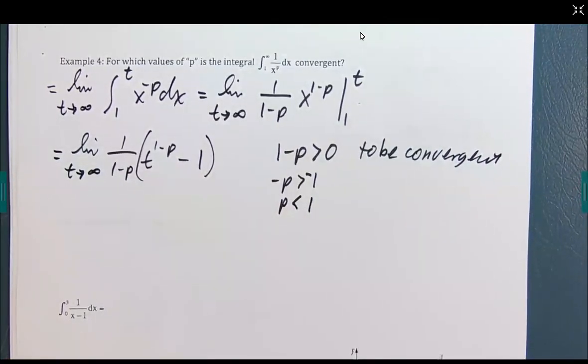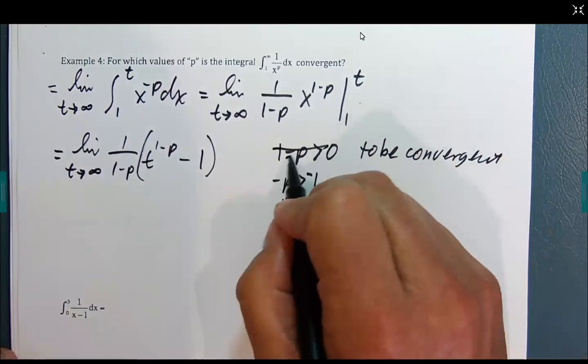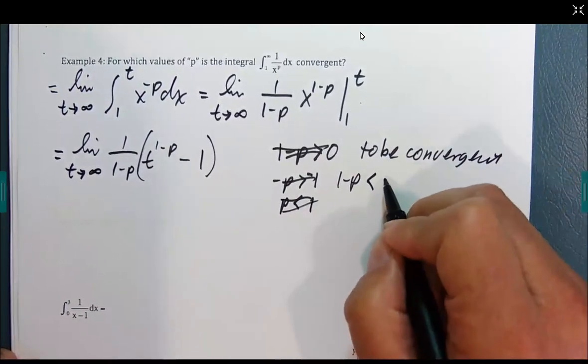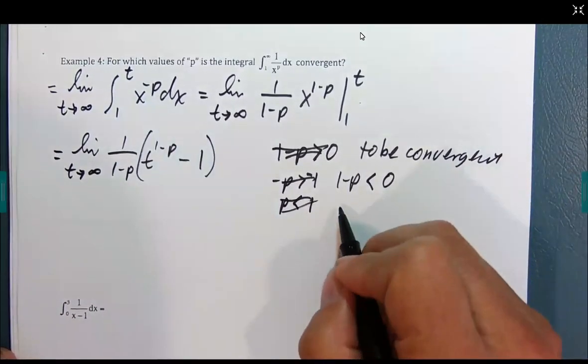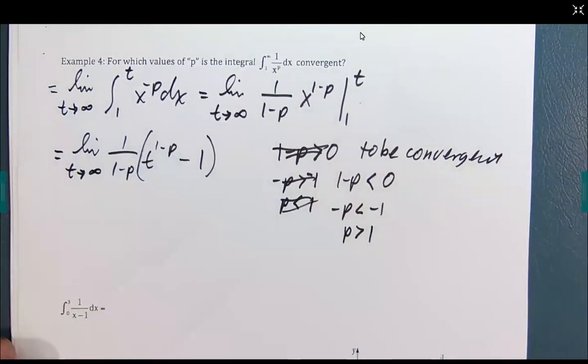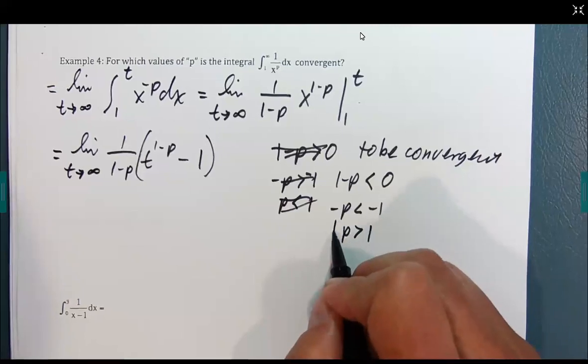So in this case, p has to be, I have that backwards. Let's redo that. 1 minus p has to be negative to be convergent, which means negative p, and p has to be bigger than 1. Sorry, I had that switched. To be convergent, this has to be true. So which values of p are going to make this? When p is bigger than 1.